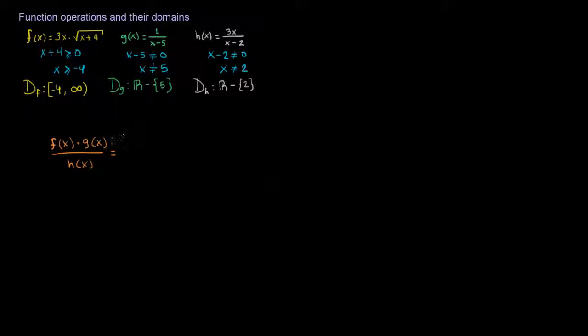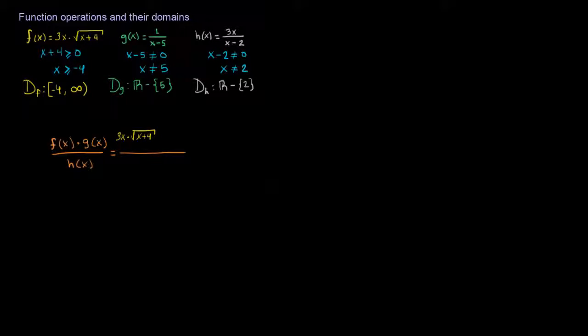So I'm going to proceed to do the actual operation of f of x times g of x over h of x. In the center here, I'm going to write each of the functions. I'm going to write my long line here. And here we have 3 times x times the square root of x plus 4.